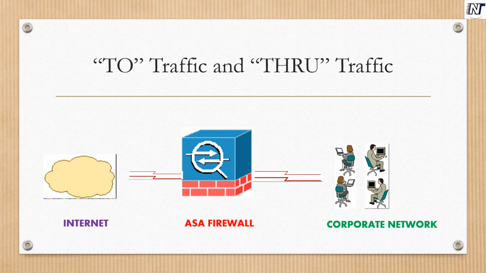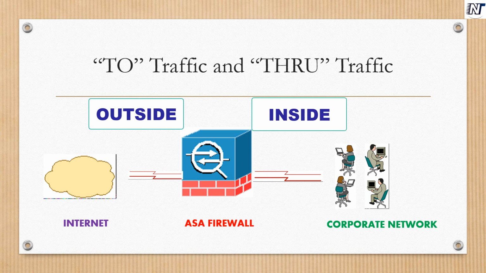When you have two interfaces assigned to your firewall, the first one outside and another one inside, outside is the untrusted one connected to the internet, and inside is towards your corporate network. The security level is set to 100 for the inside network and to 0 for the outside network.